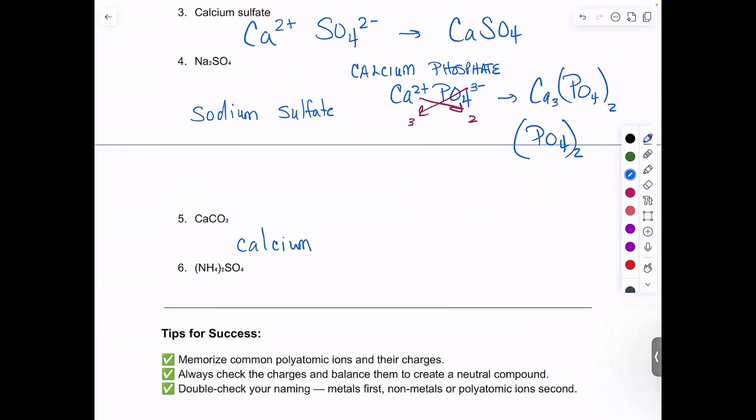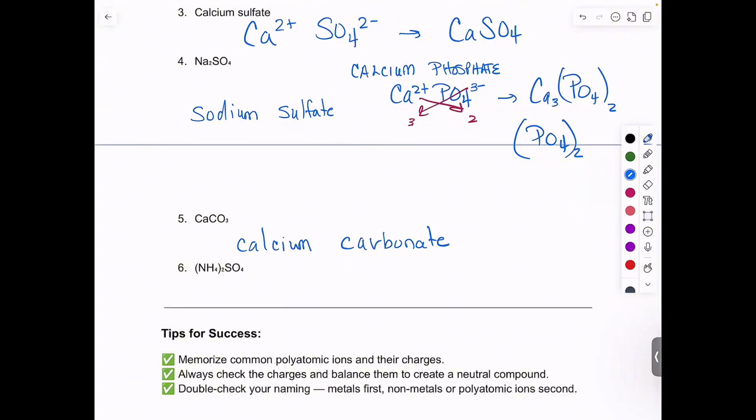Then we have C, carbon, and 3 oxygens. That's our carbonate anion, so calcium carbonate. That's very common, present in rocks and sand. That's a geological compound.